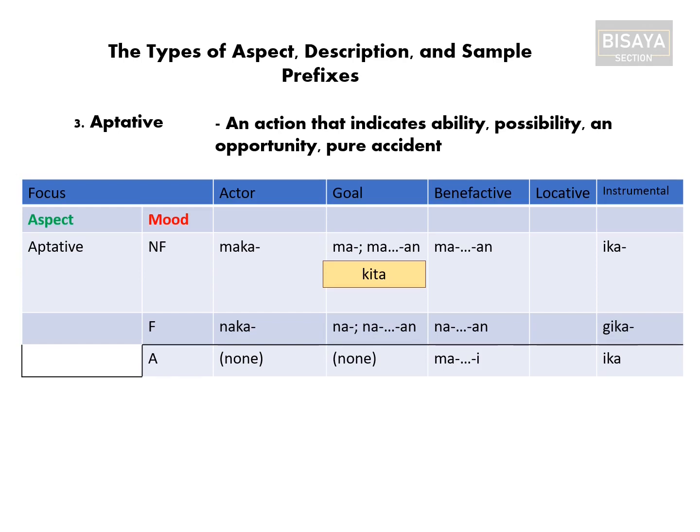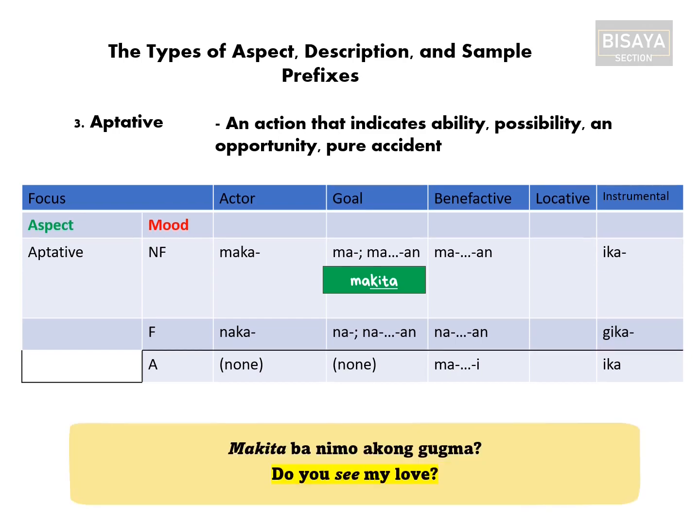Kita under this conjugation is makita. Ma plus kita, makita. Sample sentence would be, makita ba nimo akong gugma? Or do you see my love?